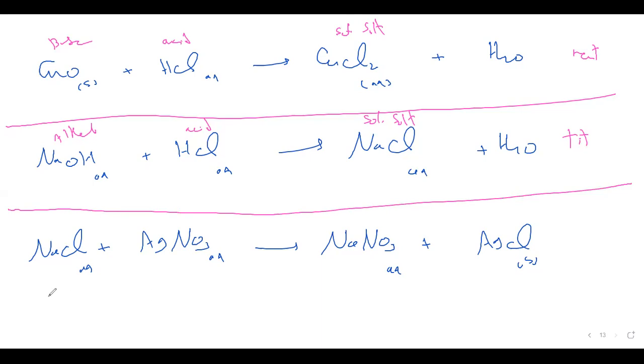For the third one, soluble salt reacting with another soluble salt to prepare soluble salt, double displacement, and insoluble salt. So precipitation method. How can we prepare by each method?